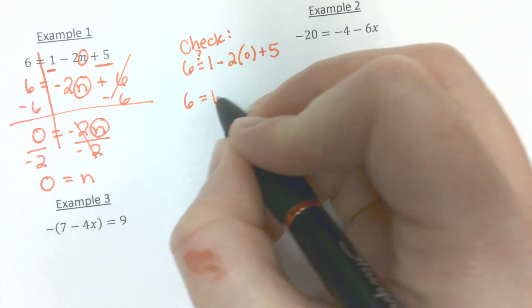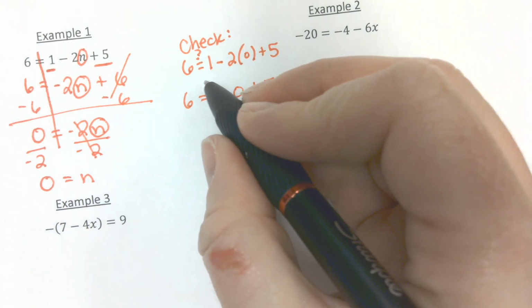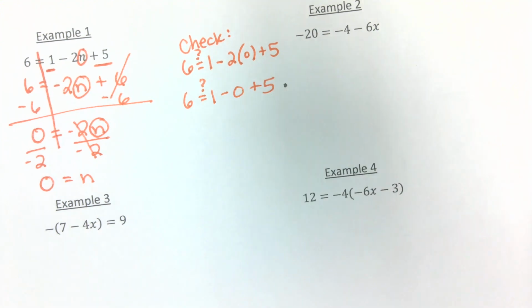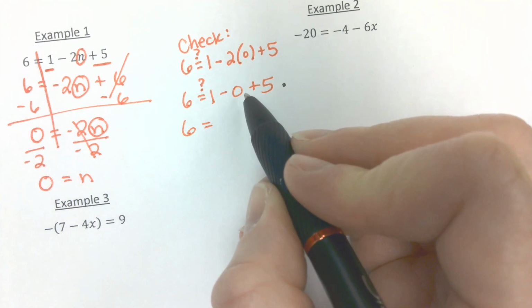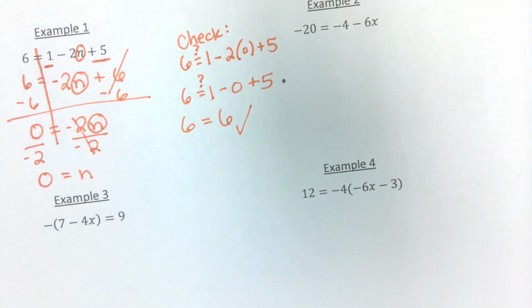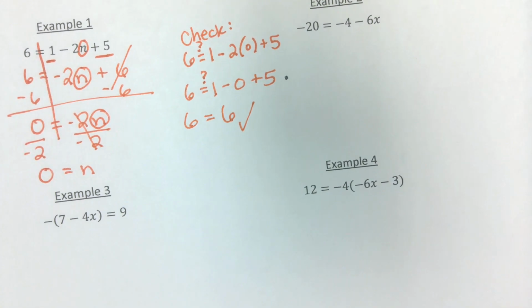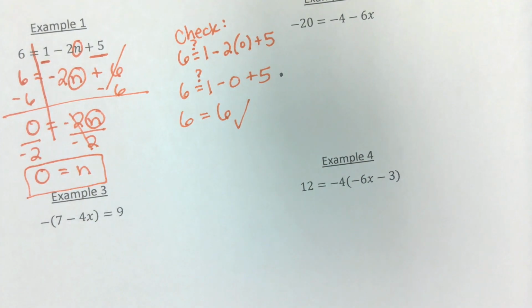So this would be 1 minus 0 plus 5. 6 equals 1 minus 0 is 1, plus 5 is 6. That's what we wanted. We wanted to check and make sure they're equal on both sides. And so that tells us that 0 equals n.